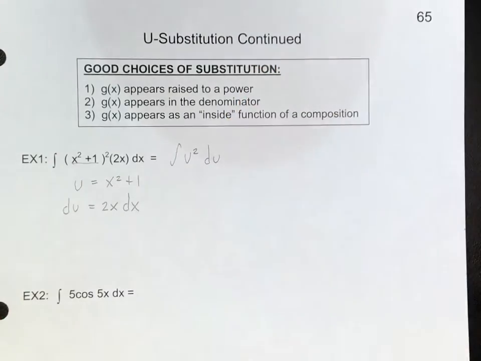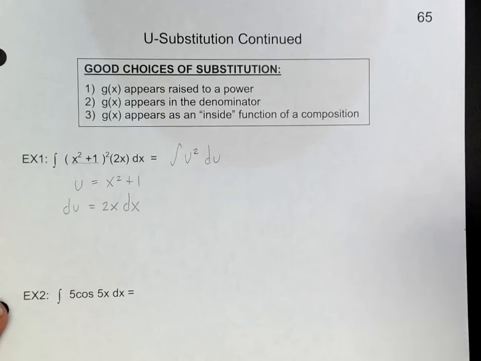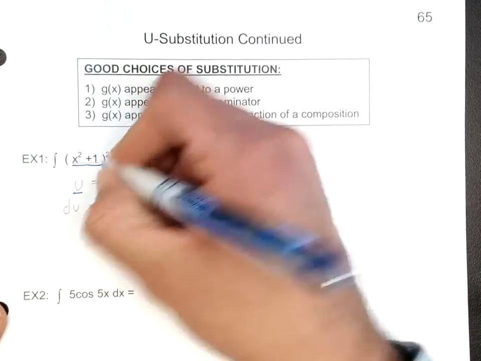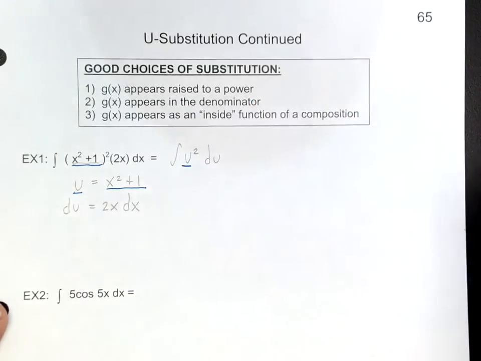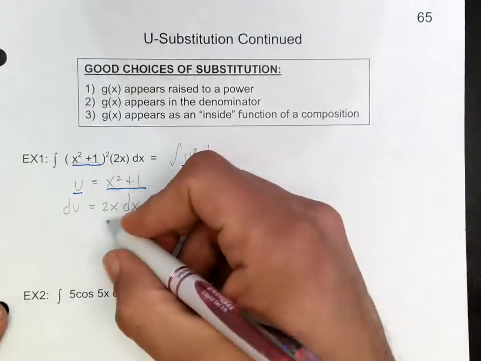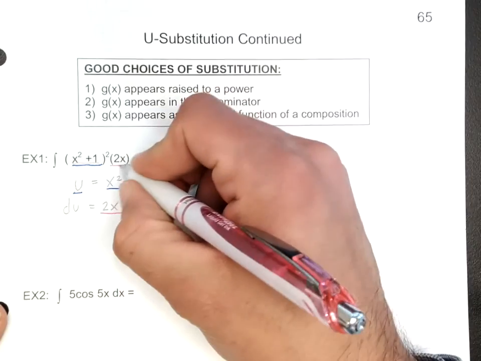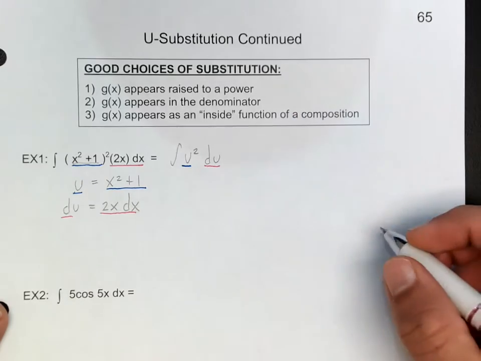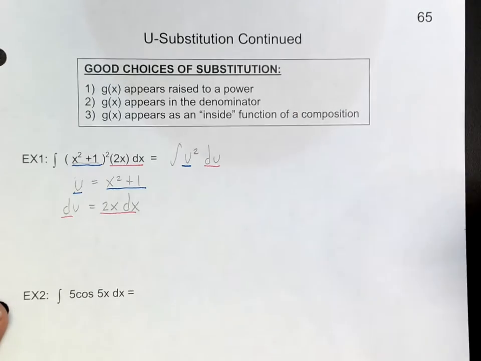One more time, what I did here is I replaced this with u, that letter right there, and I replaced 2x dx with du. Notice that I just substituted.